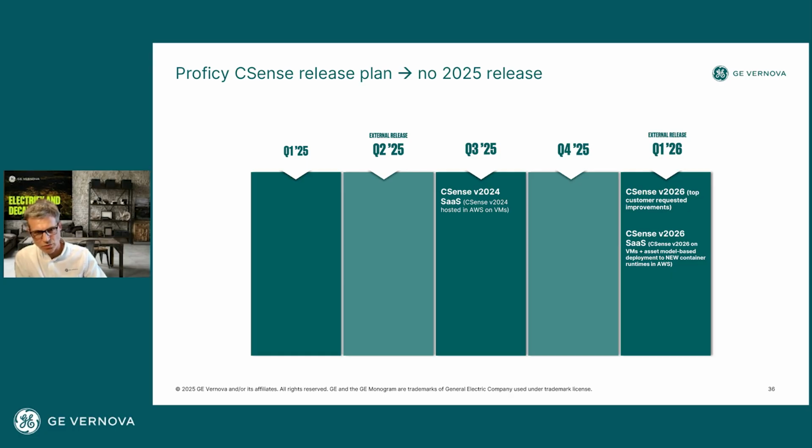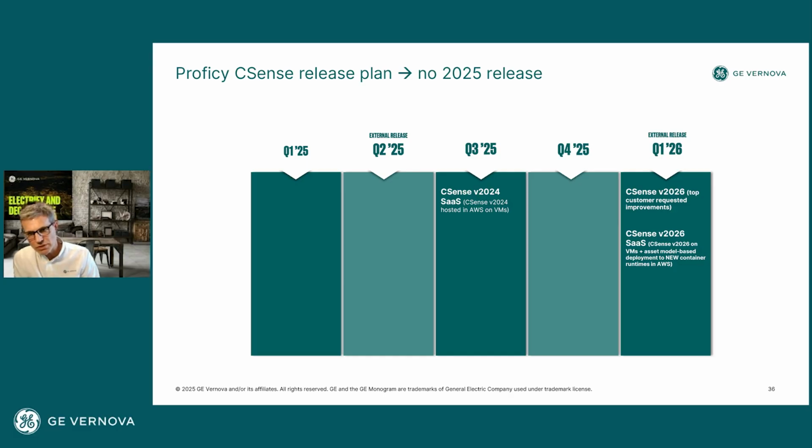So CSense plus historian plus OpsUp, for example, as a SaaS solution, or CSense as an add-on to our Smart Factory. So you will have to subscribe to our Smart Factory solution, but you'll also be able to add CSense to that, or to our historian and OpsUp, and you're able to add analytics engine CSense to that subscription.